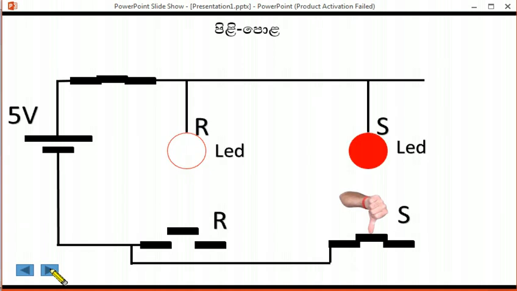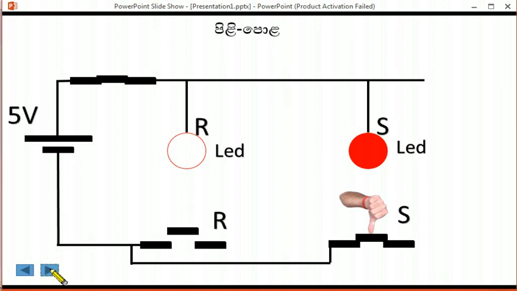As soon as we press the set switch, what happens? The state of the LED changes. Now the set LED is in the on state. Watch what happens when we take our finger off the switch. When the switch is off, the condition doesn't change.